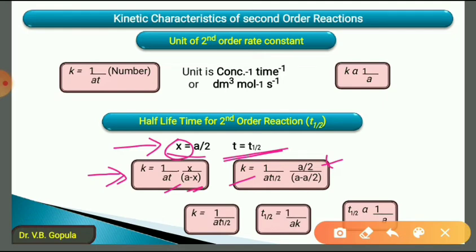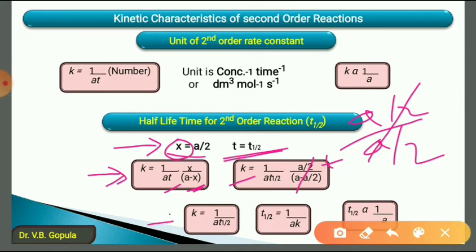So we get a by 2 divided by a minus a by 2. Now this a minus a by 2 is nothing but a by 2. This is the denominator. Again in the numerator we have a by 2, so both can be cancelled. So we get k equal to 1 upon a t half.